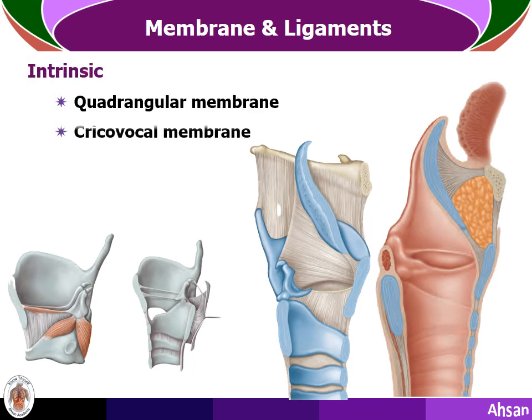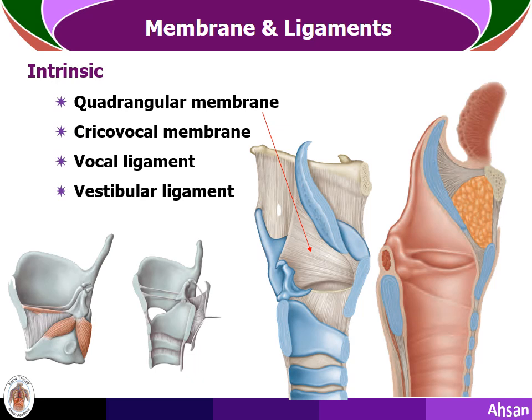The intrinsic membranes or ligaments lie deep to the mucous membrane. They are within the wall and strengthen the wall of the larynx. There is the quadrangular membrane above the vocal fold area and the cricovocal membrane below the vocal fold. The vocal ligament is formed by the thickening of the cricovocal membrane above.